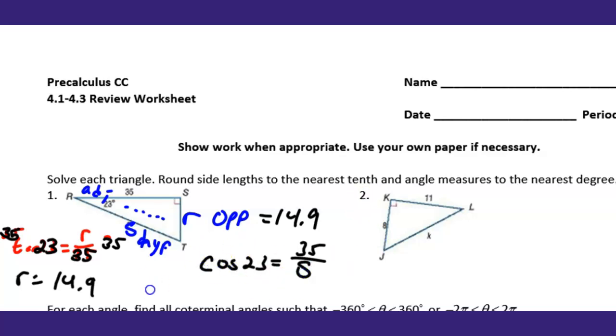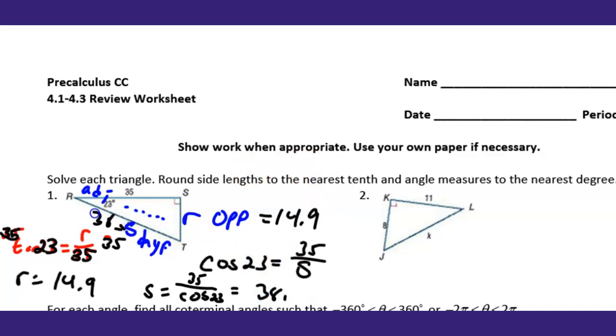So S equals 35 divided by cosine of 23. When we do that, we get 38.02, but 38, because we have to round to the nearest tenth. So S is 38.